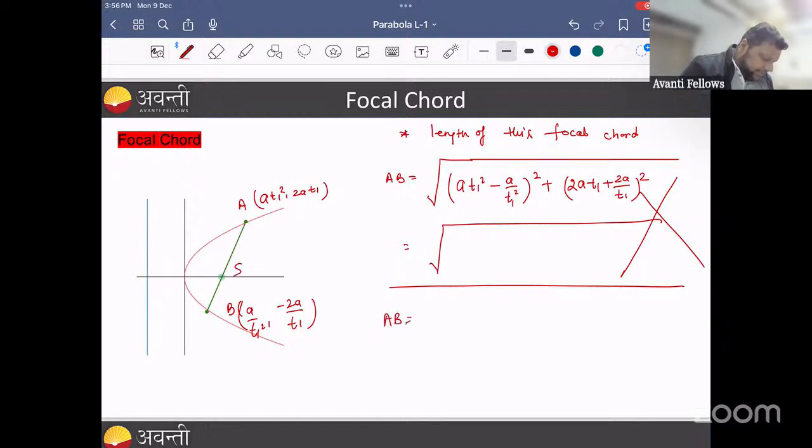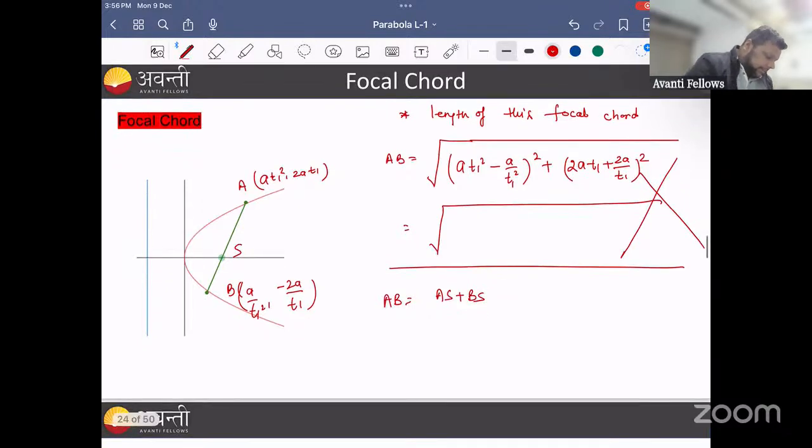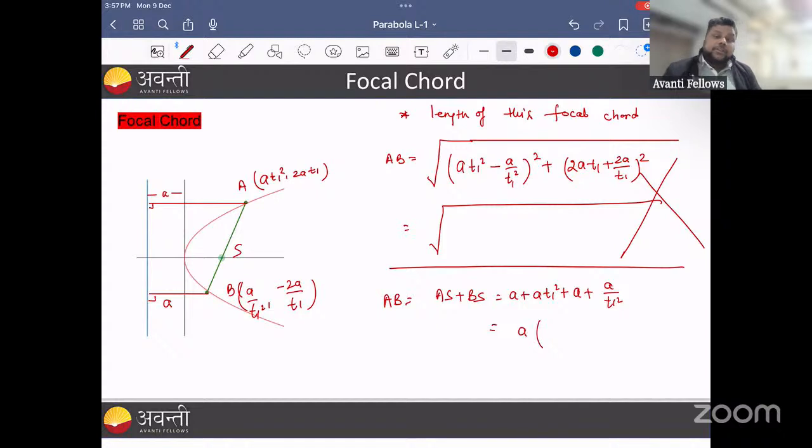So AB is what? AB is AS plus BS. Now AS is what? AS is this distance, a plus a t1 square. BS is what? This distance, a plus a upon t1 square. Now if I take a common, because in the beginning of this chapter, I told you distance from the focus is distance from the directrix.